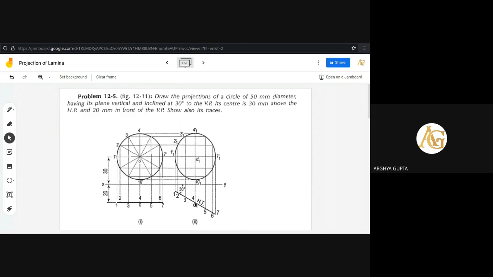Okay, and draw a line through that O at 30 degrees. Draw an inclined line through O at 30 degrees inclined. Once the 30 degree inclined line is drawn, the O point is marked. On that line, I have to mark the remaining points.